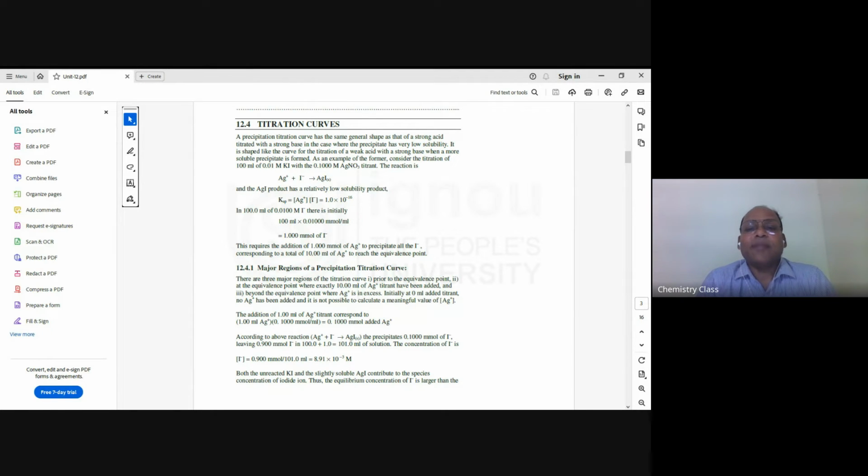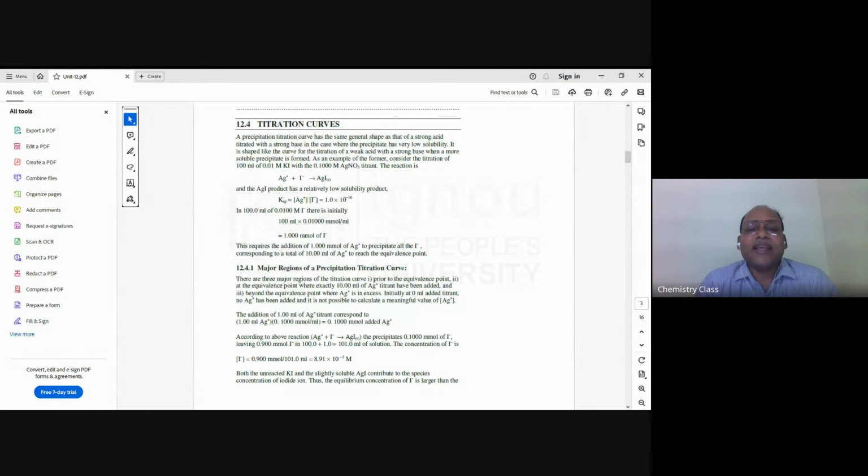As an example of the former, consider the titration of 100 ml of 0.01 molarity potassium iodide with 0.1 molarity silver nitrate titrant. What will happen here? Ag+ plus I- gives rise to AgI, silver iodide.